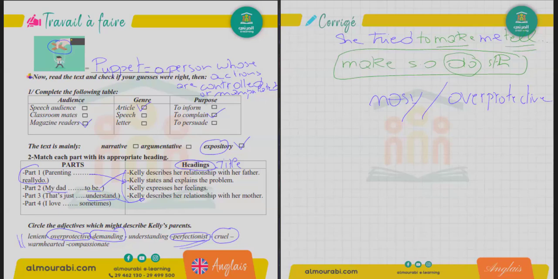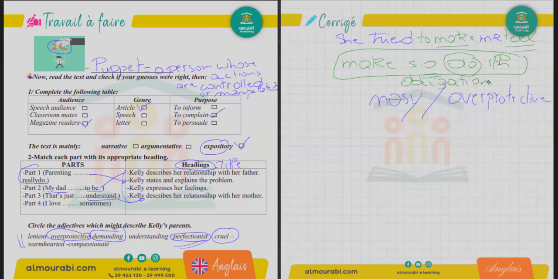She's just a mom who wants to control every aspect of her life. She wants to order her. And when we go back to make, she obliges her. So, make someone do something is a type of obligation. When I make you do that thing, it means I oblige you to do that thing.